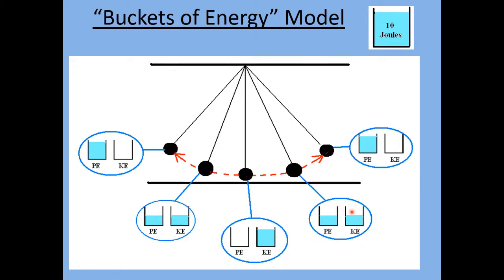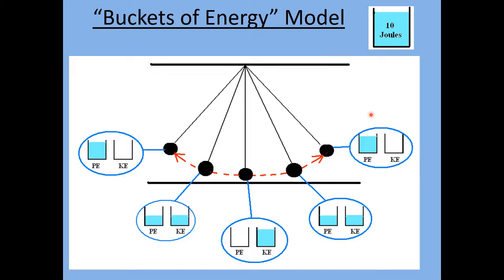The buckets are each half full. And then finally, when the pendulum reaches its maximum height over here, it stops momentarily before it starts swinging back. And at that point, all of the kinetic energy has been poured out into the potential energy bucket, and we're back to this state that we started from. And then this continues, it goes on and on.